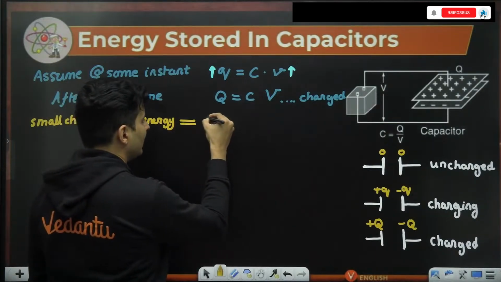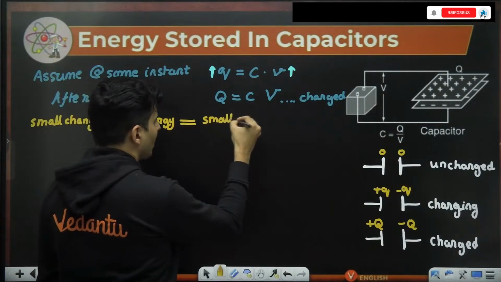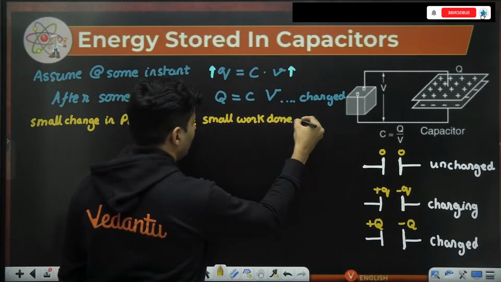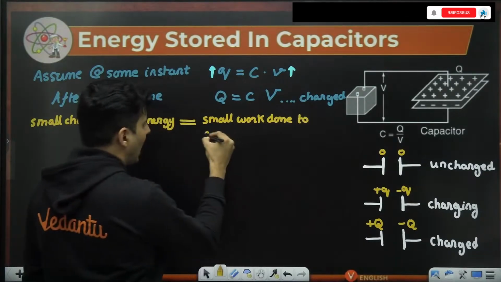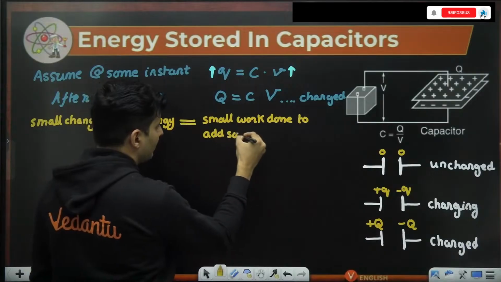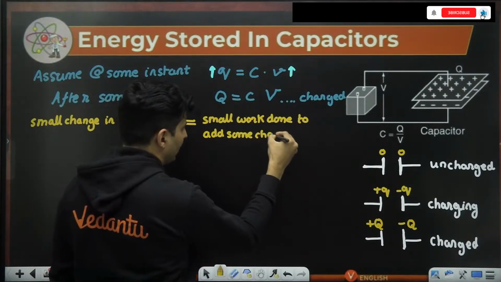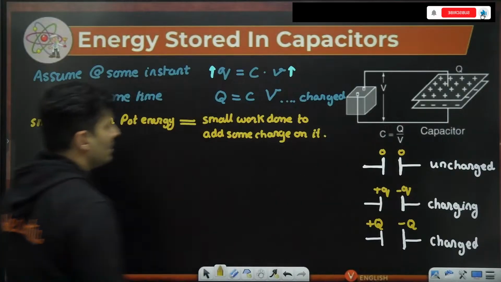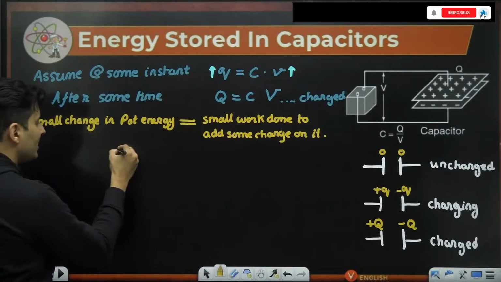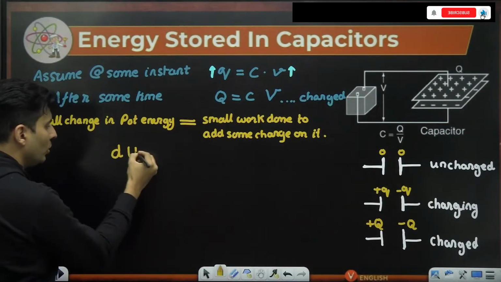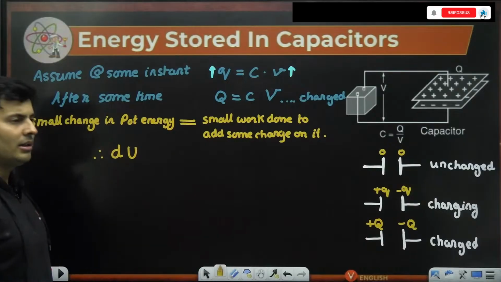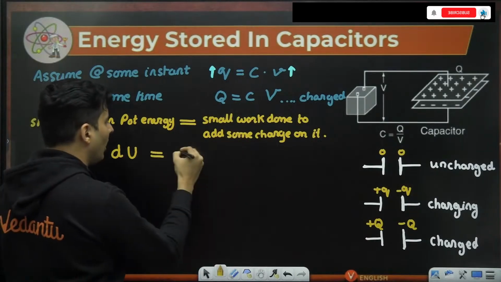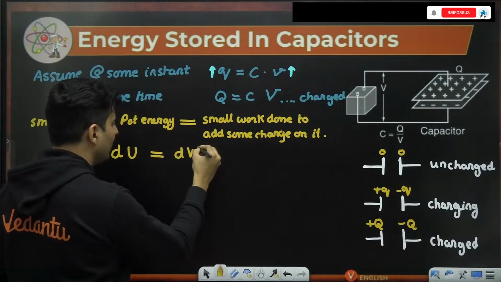So it is basically that small work done to add some charge on it. So the small change in the potential energy is dU. U is the symbol for energy. dU, the small change in the potential energy, will be the small work done, which is nothing but dW.